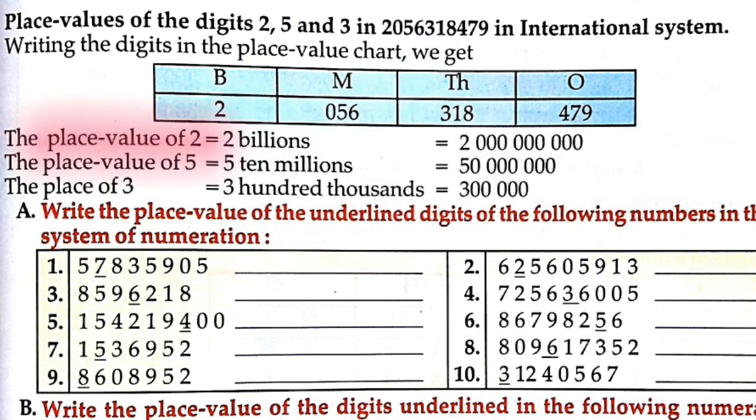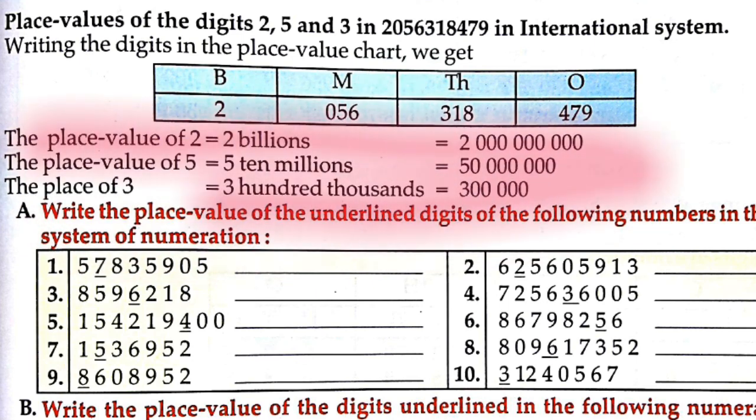Now we will see the thousands period. In the thousands period the number is 3, the place value of 3 is 3 into 100,000, that means 300,000. Next the place value of 1, which is in the 10,000 column, is 1 into 10,000, that is 10,000, and the place value of 8 is 8,000.